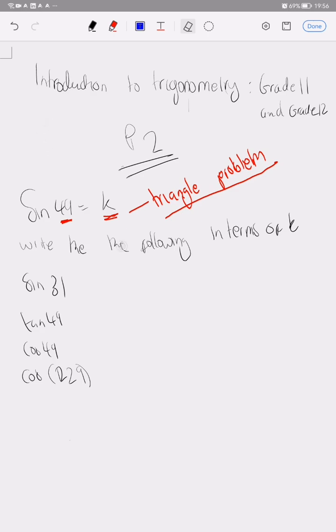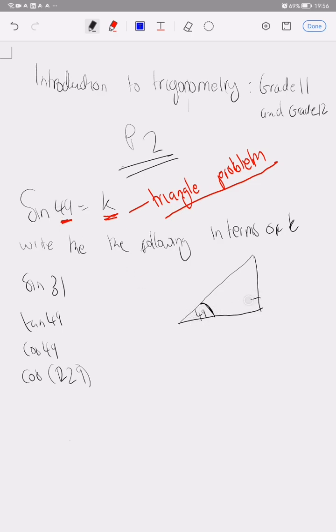Every time we are going to draw a right angle triangle, based on the Cartesian plane problem, you draw a Cartesian plane. I'll be having my angle here. Since for now I'm dealing with 49, I'll be having 49 here.